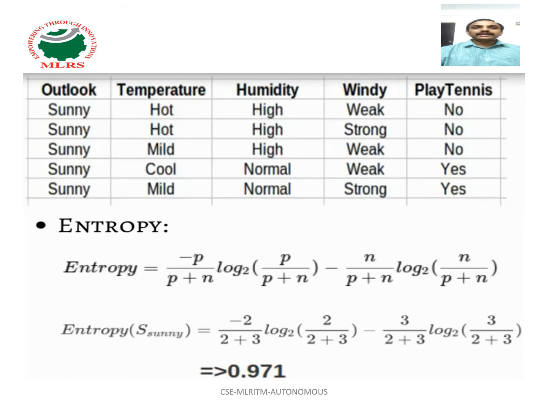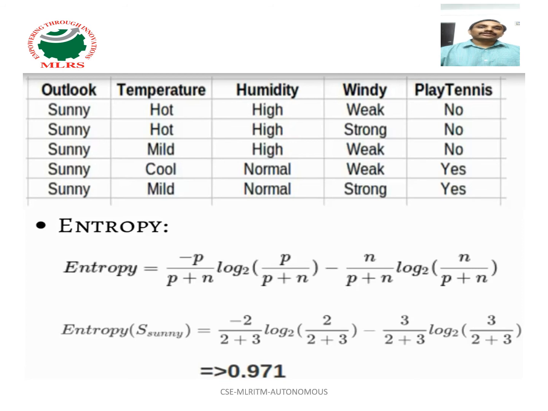Here, instead of considering the entire data, that is 14 days of data, we considered only 5 days of data where outlook value equals sunny. For that we calculate the entropy, that is entropy of S of sunny.